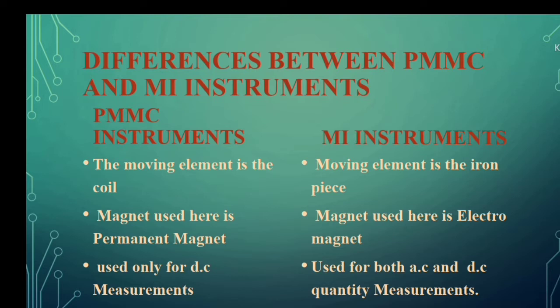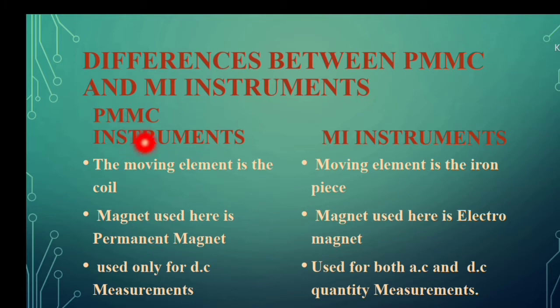But what's the difference between these two instruments? In the construction part it differs, and in the application part it also differs. The major difference lies in the application point of view.